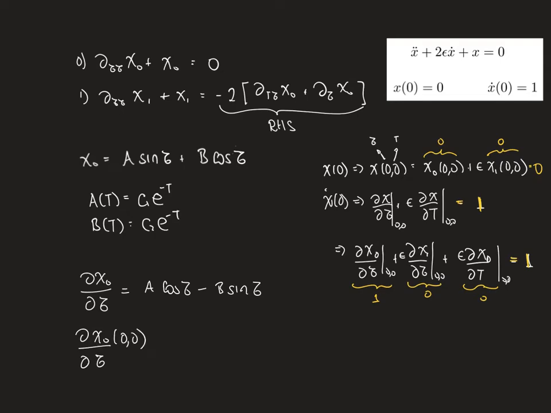This is going to give us a0 cosine of 0 minus b0 sine of 0, and this is going to be 1, this is going to be 0. So basically we say that a at 0, remember that this is t, so when t is 0, a0 is equal to 1.